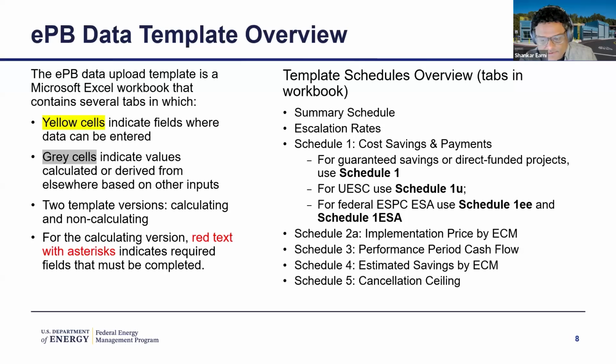Schedule 3 is performance period cash flow, which is basically the recurring expenses. 4 is where we capture the savings associated with the project, and 5 is the cancellation saving. Again, this is at a high level. And then we're going to get into the actual demonstration side of things.